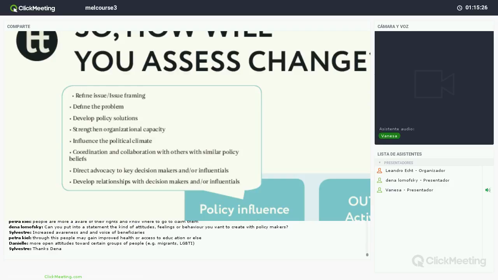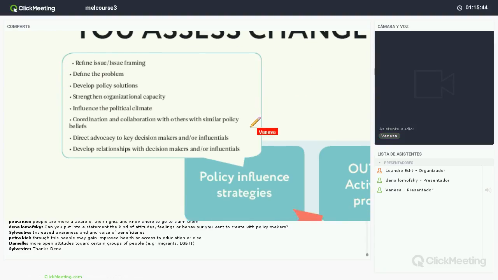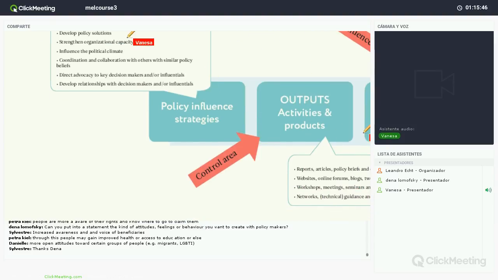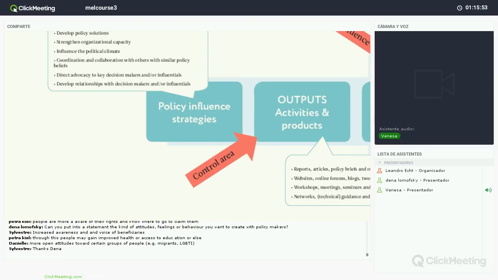Some organizations focus their efforts on developing ongoing relationships with these people. Or a policy influence strategy could be strengthening your organizational capacity in general to influence policy. These are all typical policy influence strategies under which we then develop a set of activities and products.